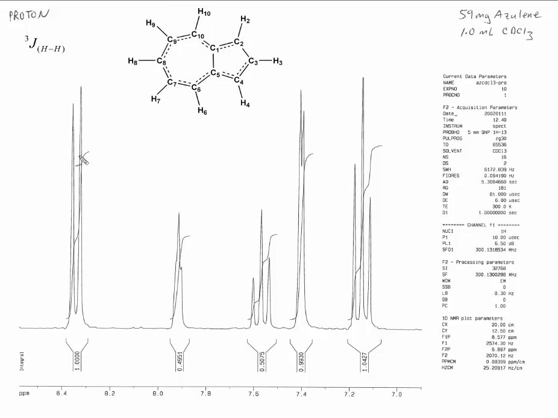Here we've got a well-split doublet, and over here it looks more tight. The J value, the 3J value, is much smaller here than in here. You're comparing this width to that width. One is larger, one is smaller.